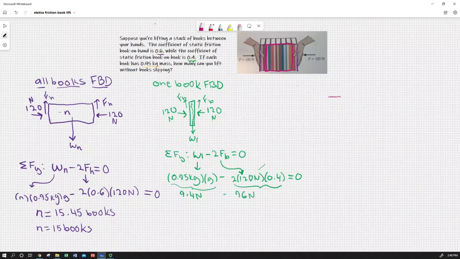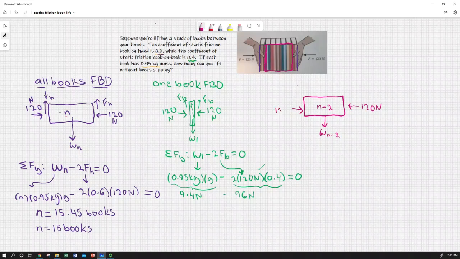But for now, I'm going to assume the total number of books that this guy is holding is the n over here. So by taking only everything other than the two ends, I have n minus 2 books. So I'm going to call it weight n minus 2. And we've still got 120 newtons of force in the x direction on both sides.